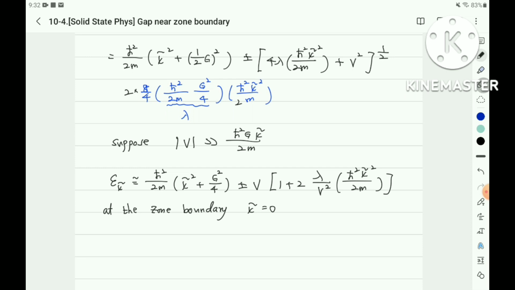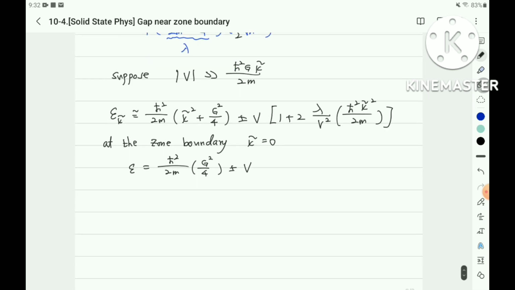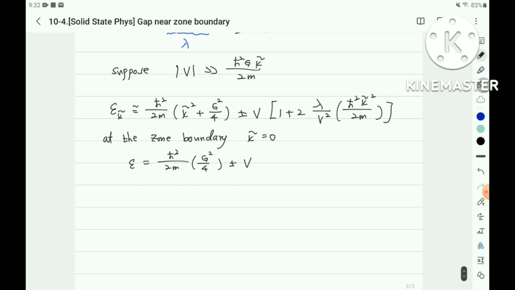Therefore in this case lambda is epsilon plus minus, and epsilon is h bar square over 2m g square over 4 plus minus v, and it coincides with the energy difference at the zone boundary.